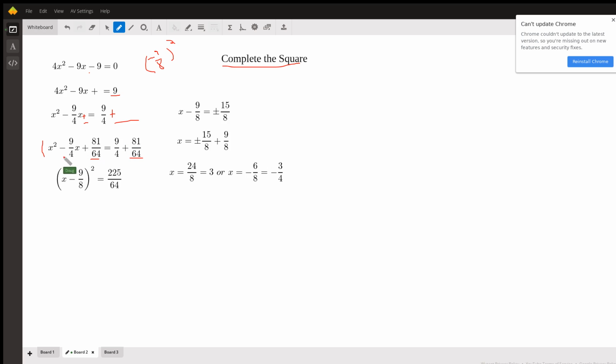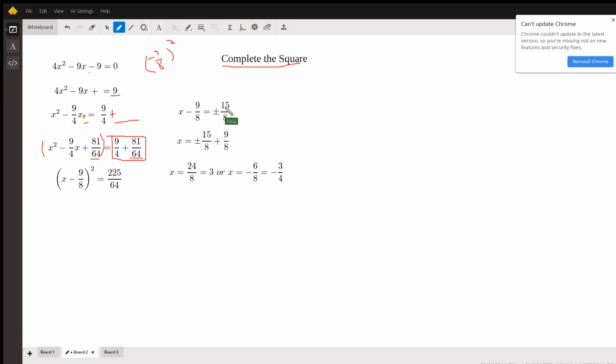Now this trinomial is a perfect square trinomial. That's what we mean by completing the square. So I can rewrite it as x minus 9/8, the quantity squared. If I get a common denominator here and add the fractions together, I get 225/64. Here's where you use the square root property. Something squared equals a positive number, you take the square root of both sides.